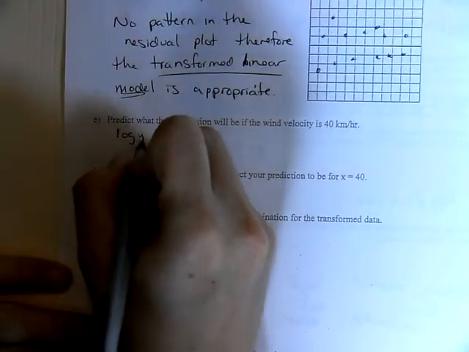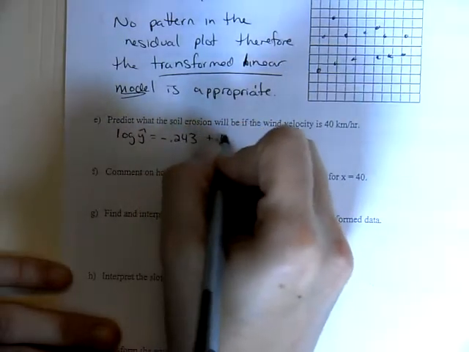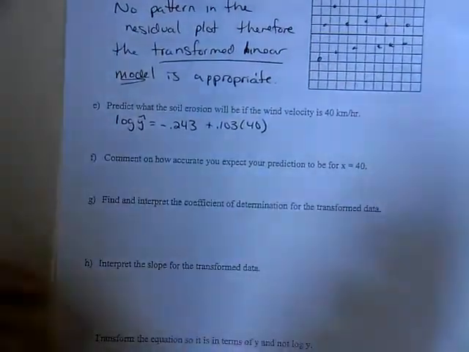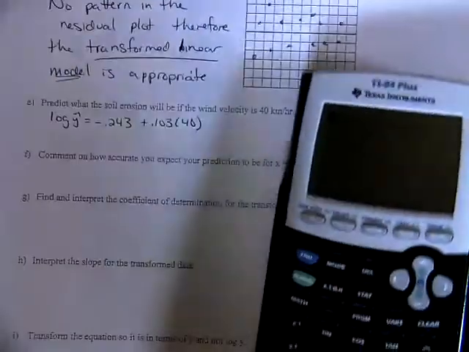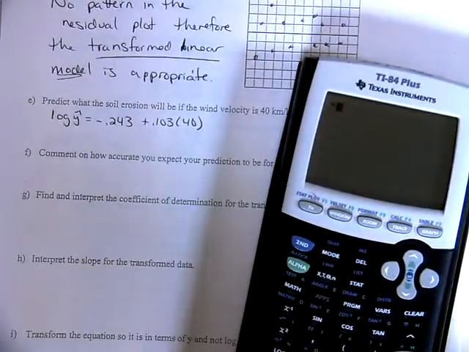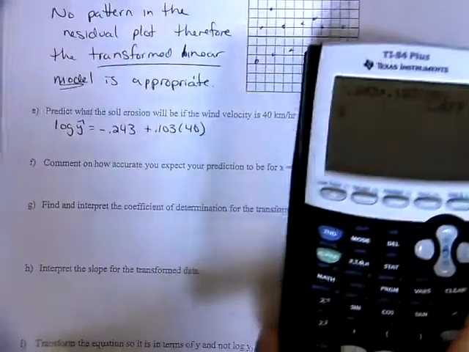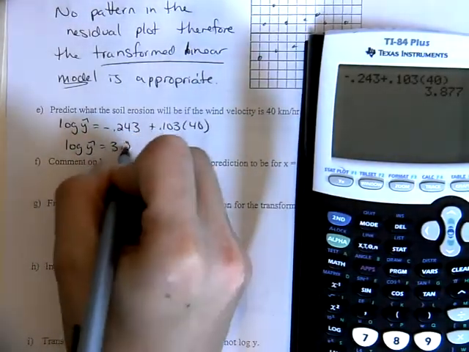So we're going to have log of y hat equals negative 0.243 plus 0.103 times 40. Now, the problem is, once you actually do this, negative 0.243 plus 0.103 times 40, you get log of y hat equals 3.877.